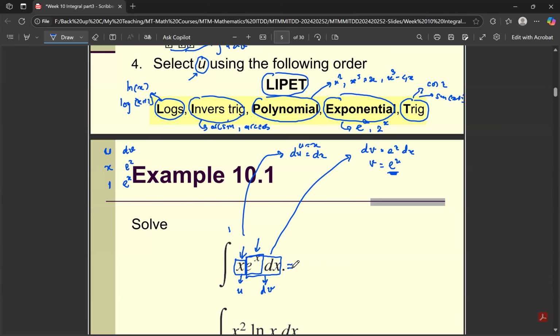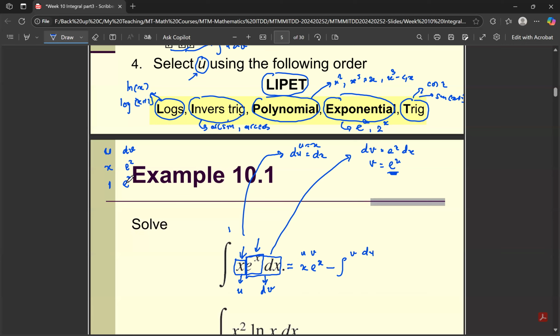So this must be uv. This is u, x, and the v after the integral of e^x will be e^x. Then minus the integral of v du.